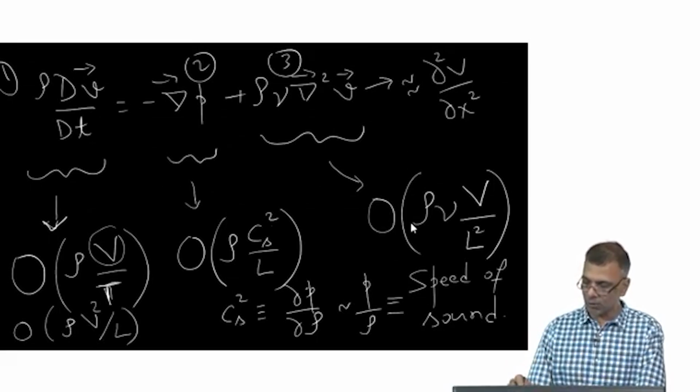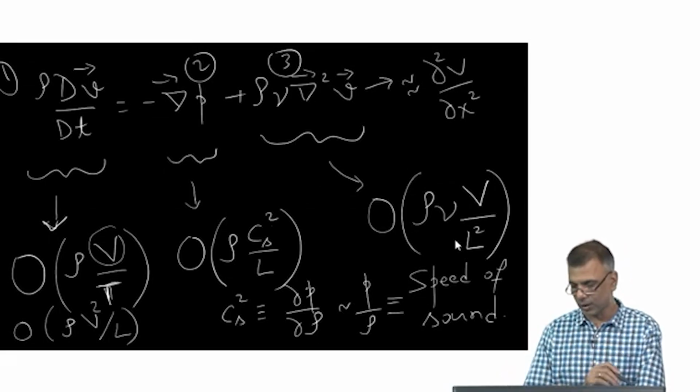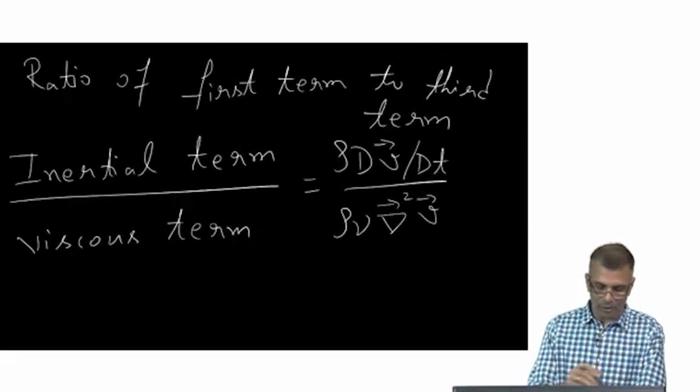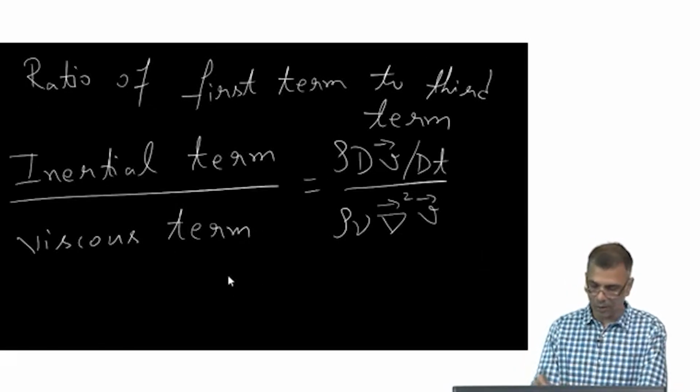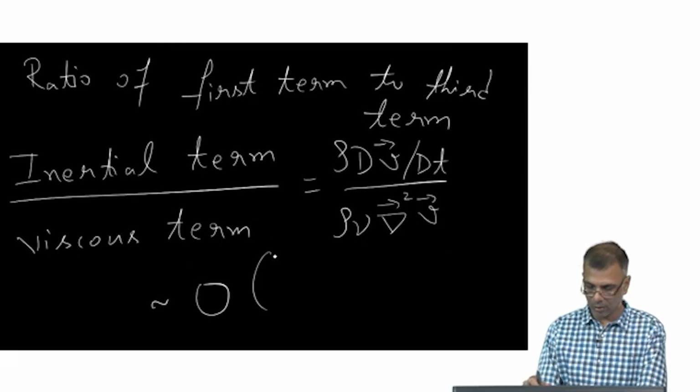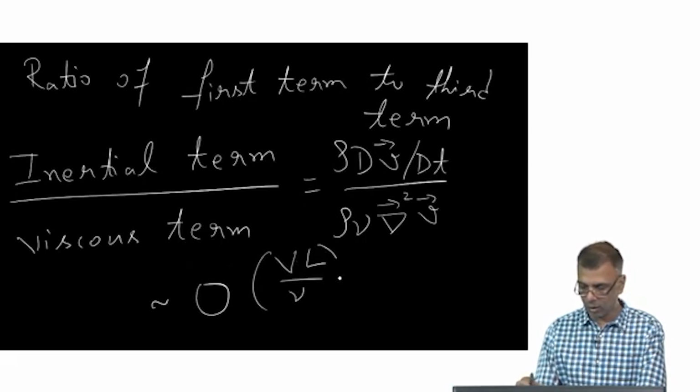and this is of order rho nu v over L squared. Obviously the rho's will cancel each other. So therefore this turns out to be of order v L over nu.